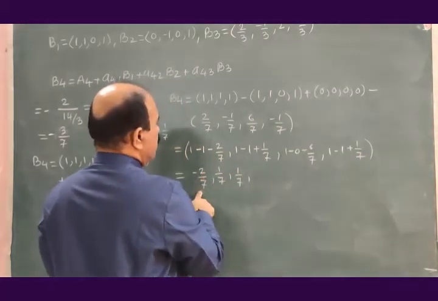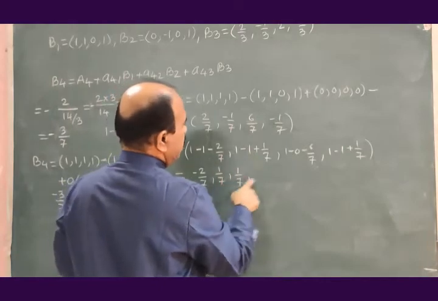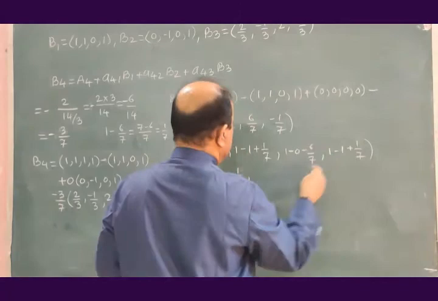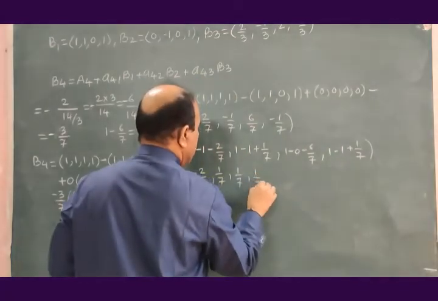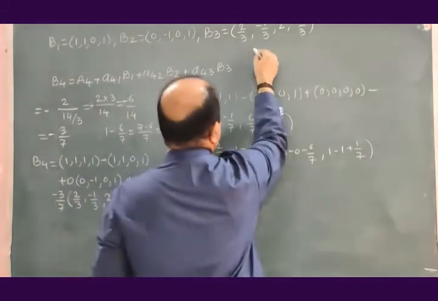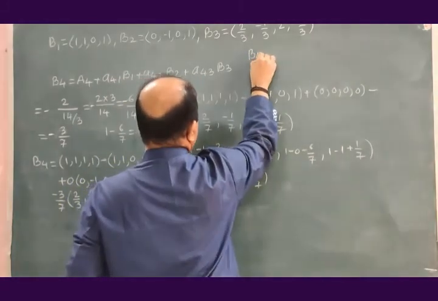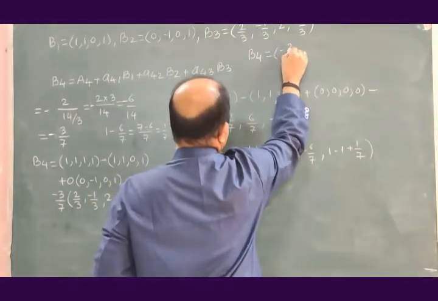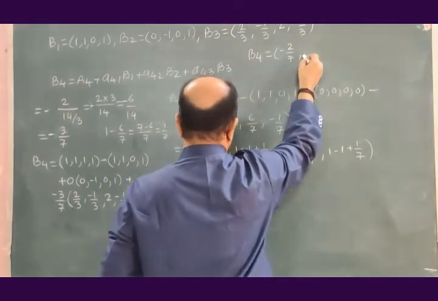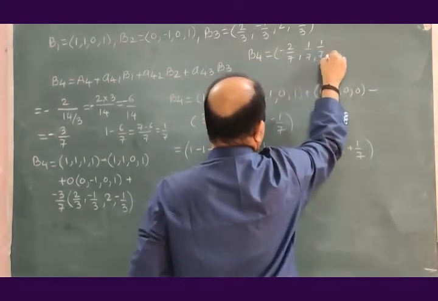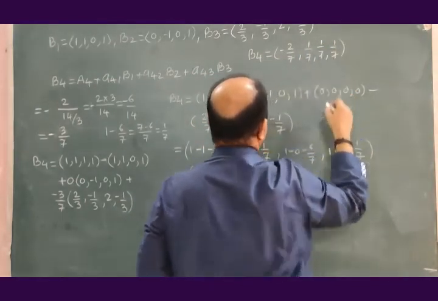This is minus 2 by 7, this is 1 by 7, this is 1 by 7, 1 minus 1 0, and what left is 1 by 7. And so we got B4 is equal to minus 2 by 7, 1 by 7, 1 by 7, 1 by 7.